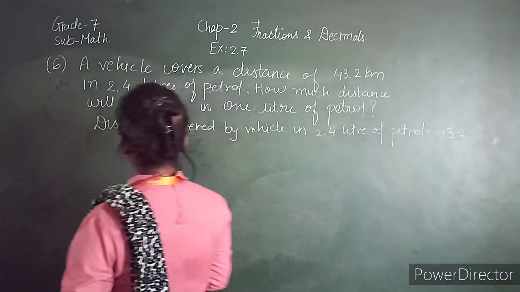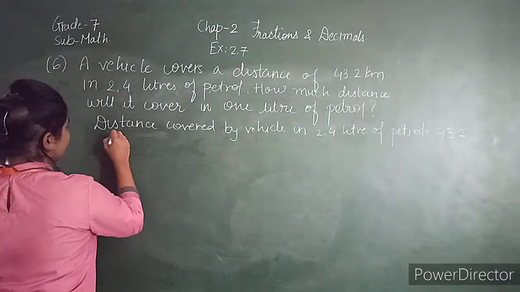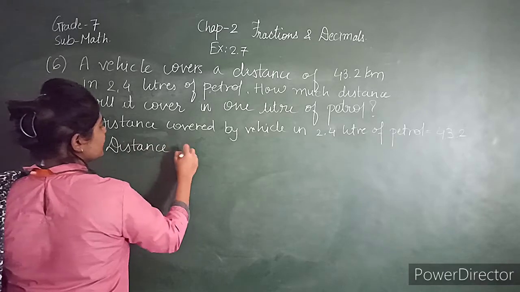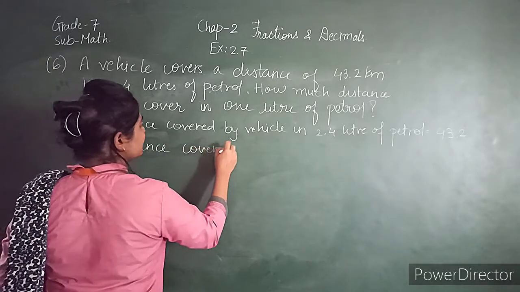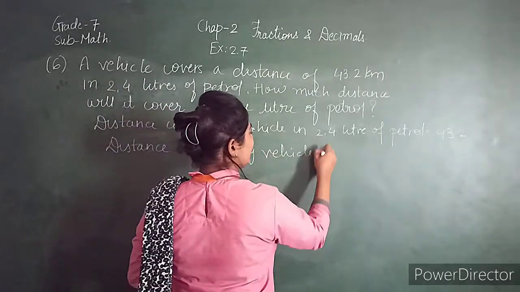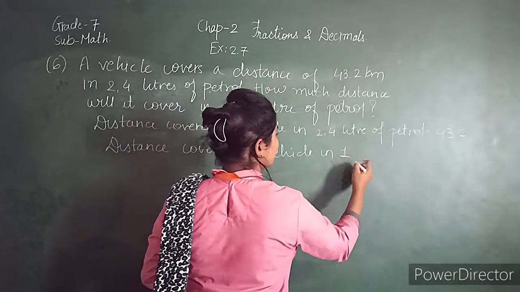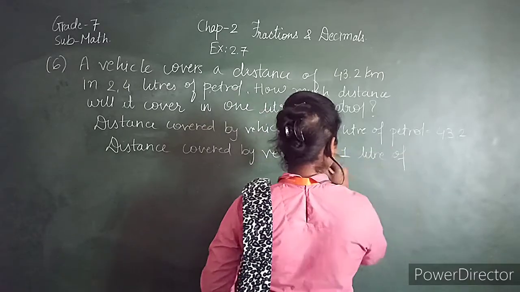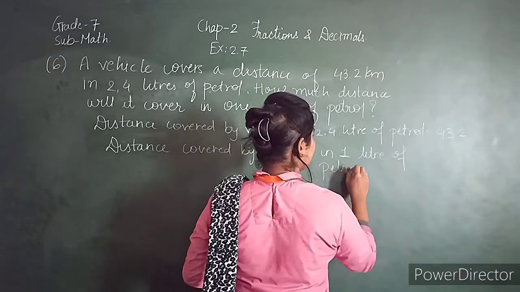43.2. Now the distance covered by the vehicle in 1 liter of petrol.